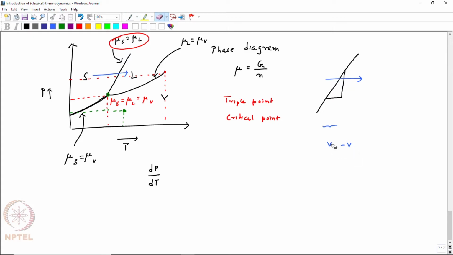And that is positive for a substance like carbon dioxide.